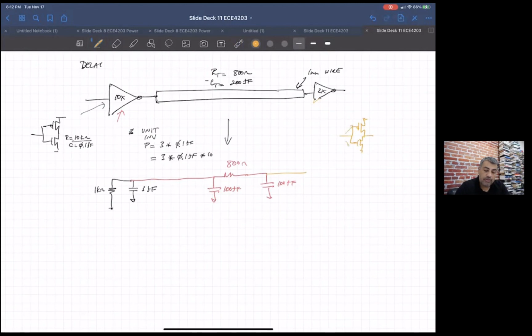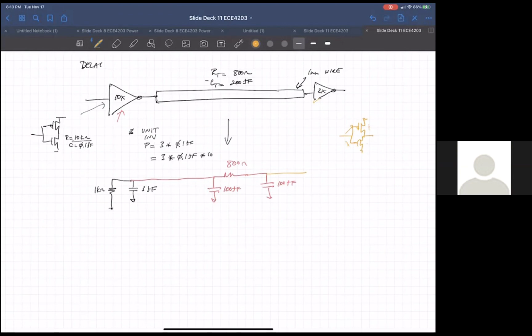So when you're driving this thing, you don't worry about the resistances. Do you remember the gate capacitance of a 2x? I'm looking for the chart right now. I don't know off the top of my head. Is it just one, or am I wrong here?